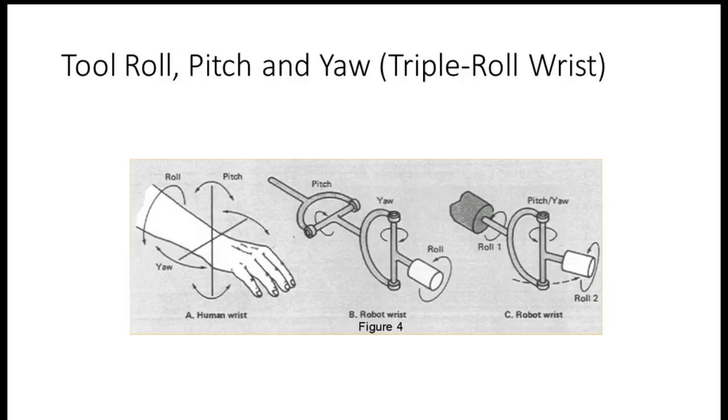What they're talking about is how we can move our elbow, our hand. Now what I'm doing, this would be pitch if the tool center point is at the default. This would be yaw if the tool center point is at my default. And of course, this would be roll, right? Everybody understand that? Now, if my tool center point is set out here, then this will be yaw, this will be pitch, and then roll's the same.